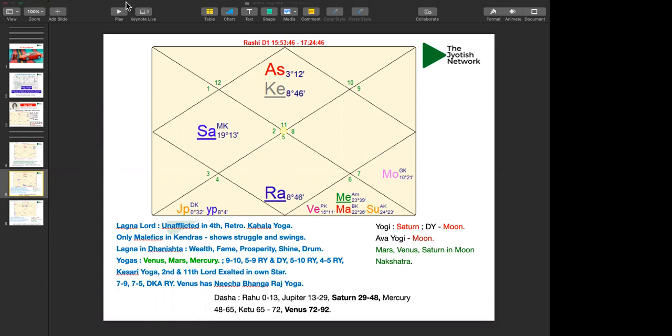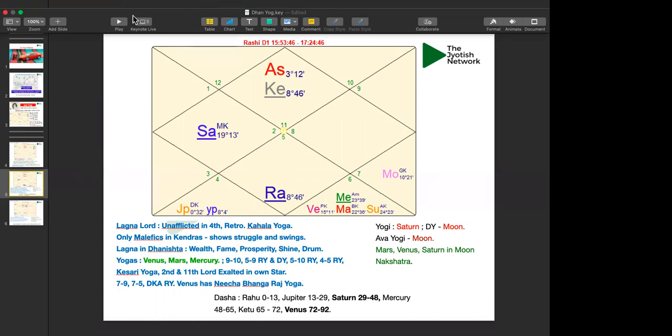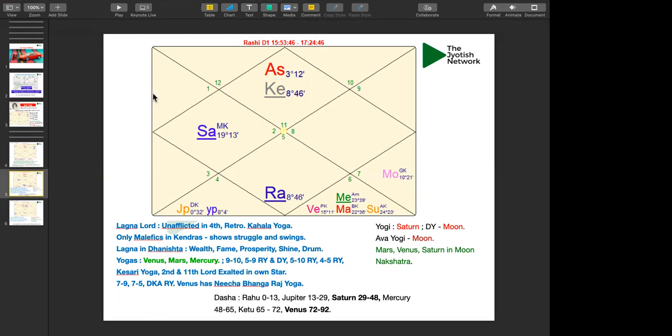And then the other observation was that there's obviously a 3-10 connection from the Lagna, because Mars rules both the third house of artistic talents and the 10th house of career. And from the Chandra Lagna, Jupiter rules the third house of the same, placed in the 10th house.